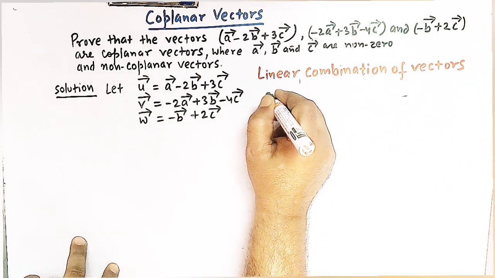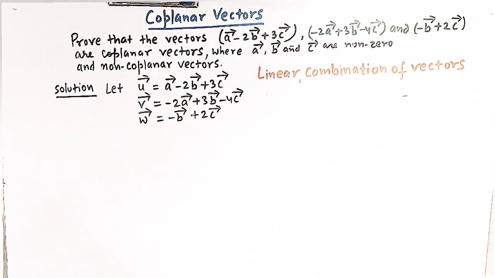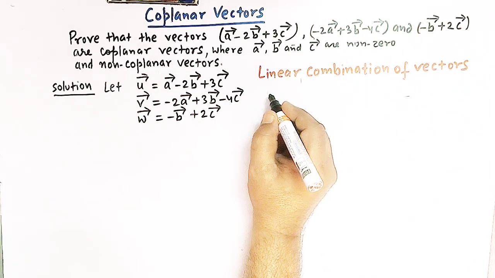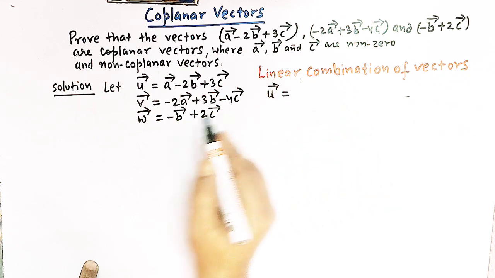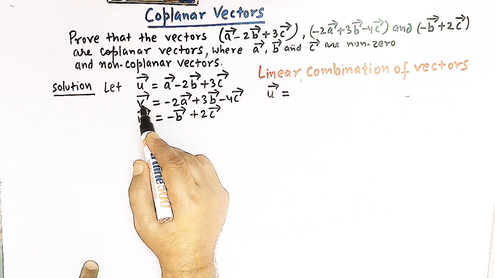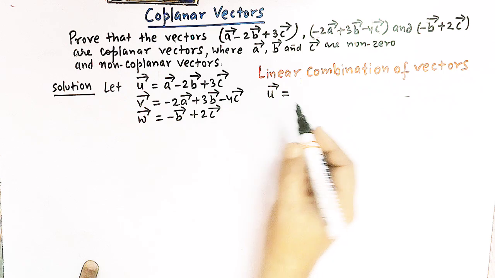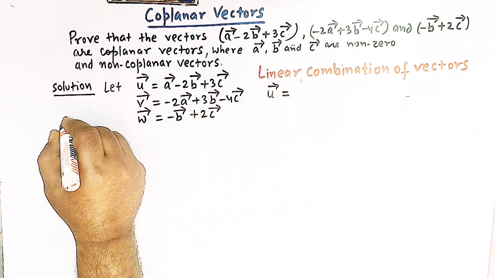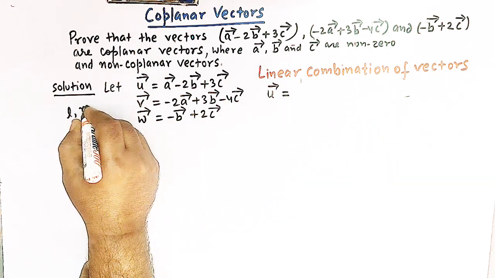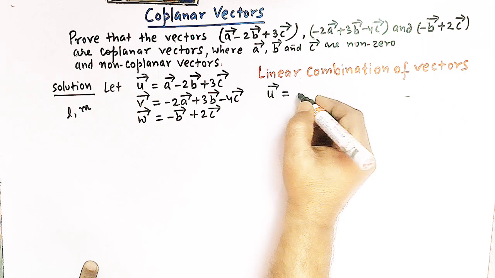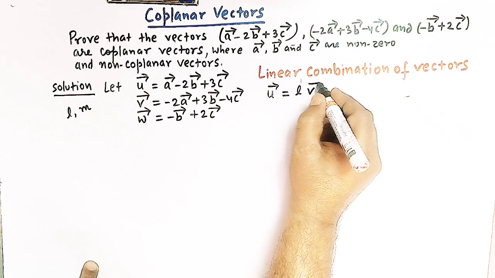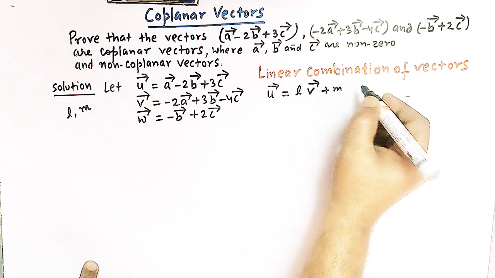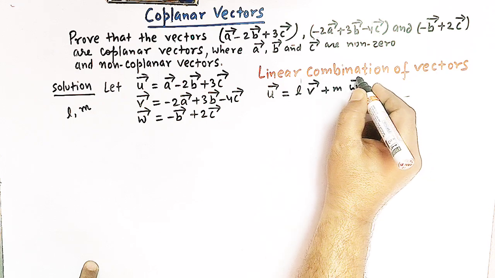For example, if we take the vector u, then u can be represented as a linear combination of vector v and vector w. If we have two scalars l and m, then u can be expressed as l times vector v plus m times vector w.